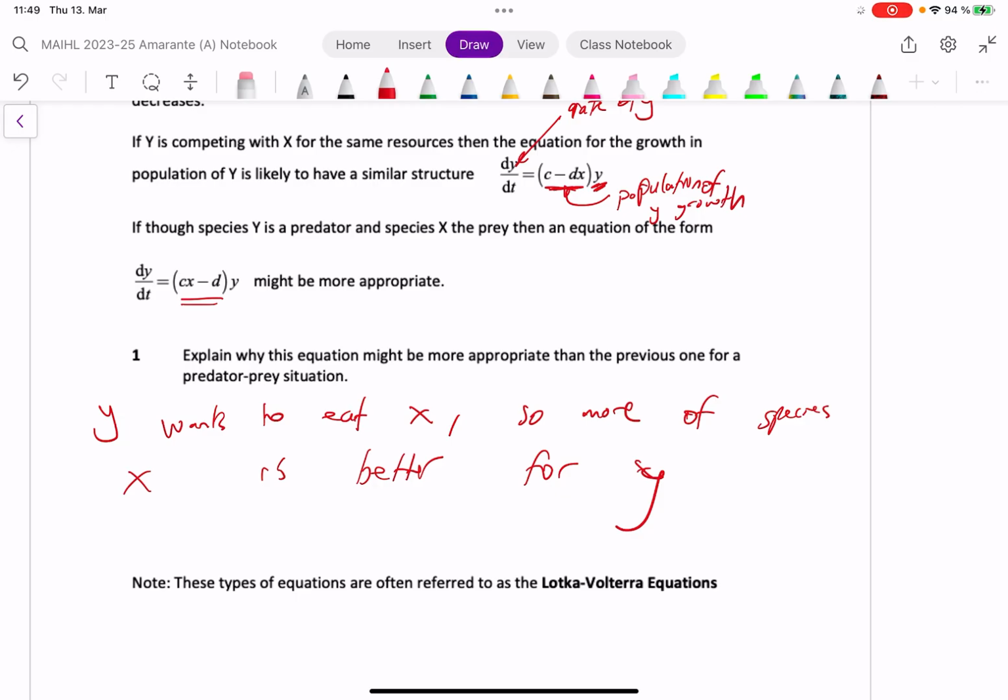And the second of those equations shows that if you have a positive value of x, then it's a better representation of what is actually happening. These types of equations are often referred to as the Lotka-Volterra equations, sometimes shortened to LV.